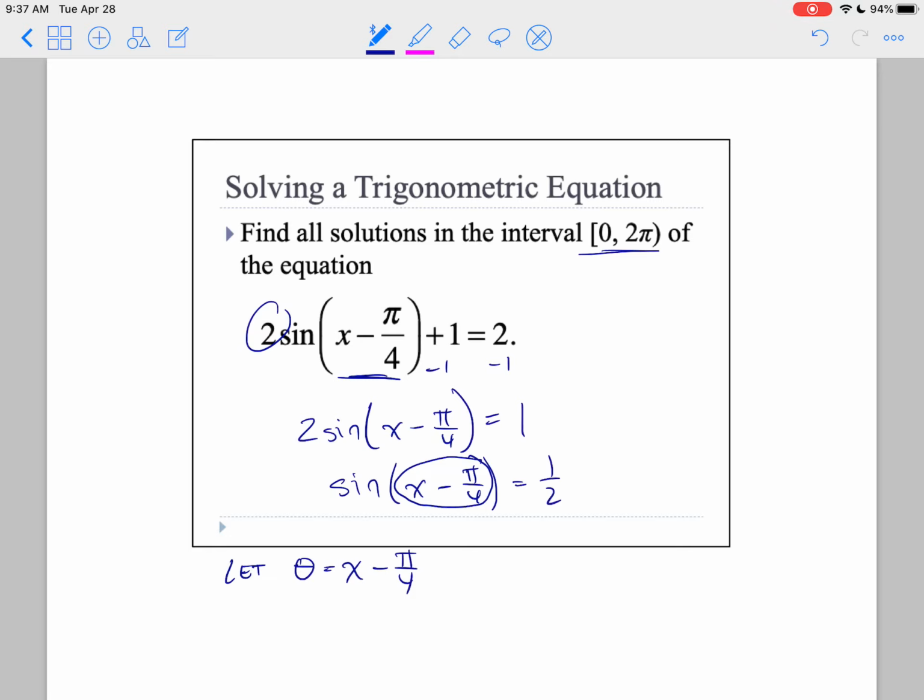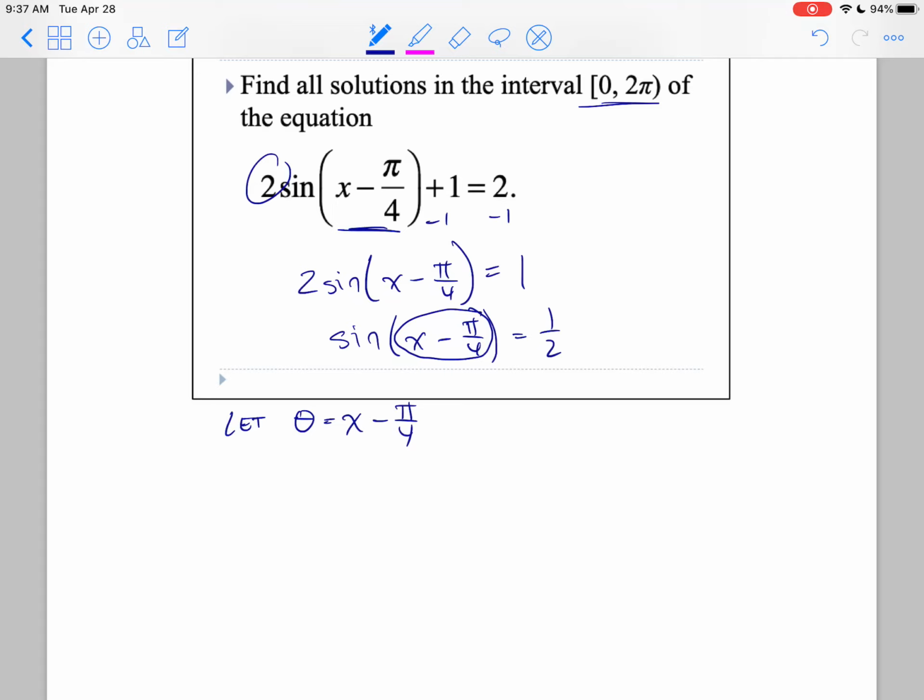Just to make this easier to look at, if I let theta equal x minus pi over 4, then I just get sine of theta equals 1/2, which means that theta equals pi over 6, and theta equals 5 pi over 6.